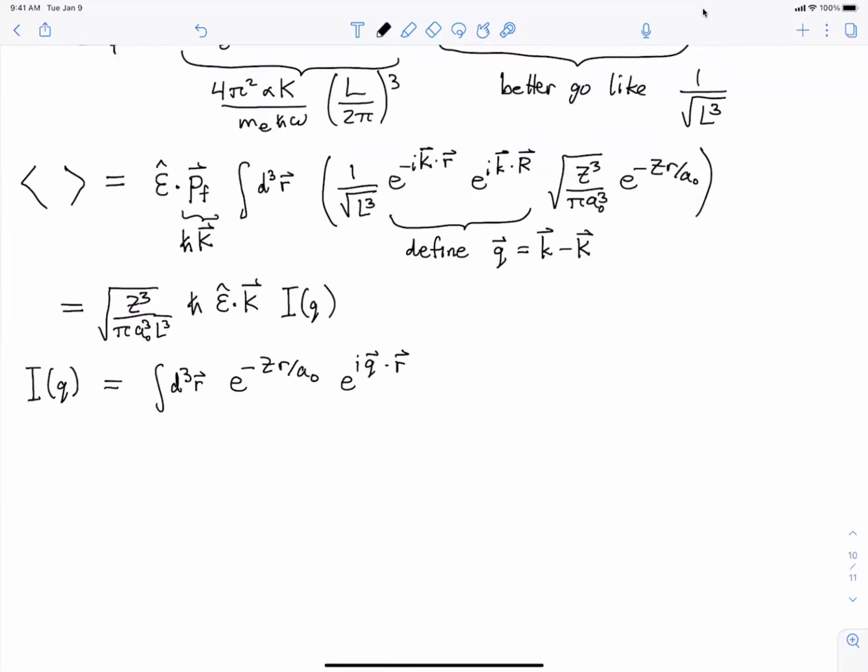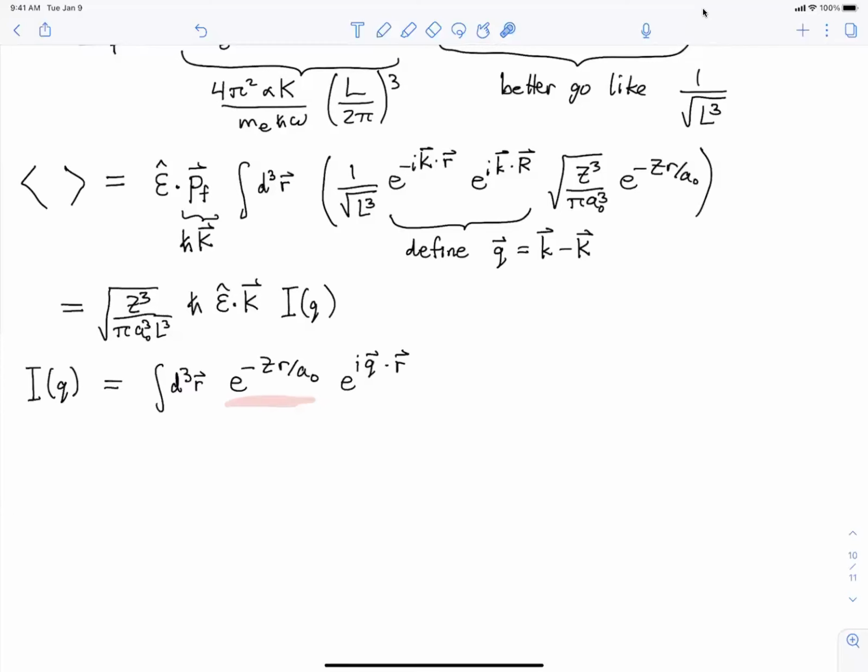Okay, so now we've boiled everything down to doing that one integral. Before we do it, it's a good thing to notice what it depends on. It depends on Q, so it depends on the transfer of momentum between the initial and final state. But it really only depends on the magnitude of that, because everything else in the integral is spherically symmetric.